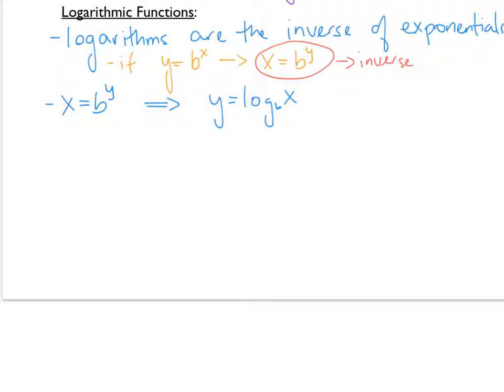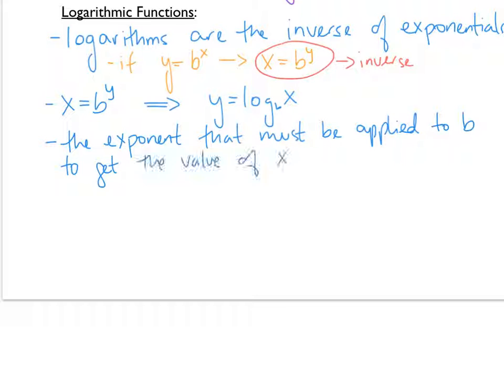Log x base b means the exponent that must be applied to base b to get the value of x. So as an example, log 8 base 2 is equal to, so what do we need to apply to 2 to get 8? Like what exponent do we need to apply? And the answer is 3.